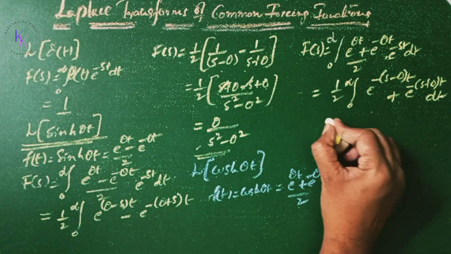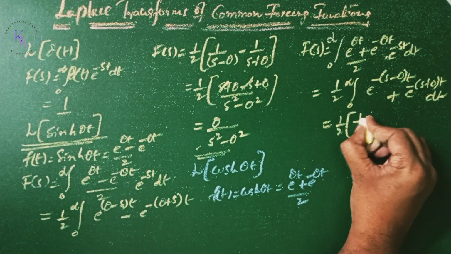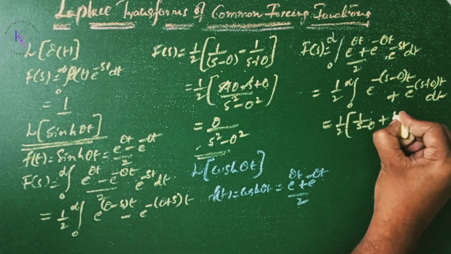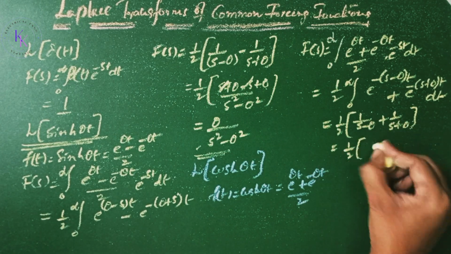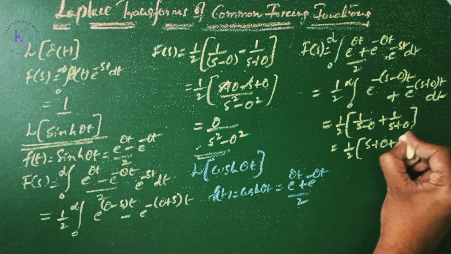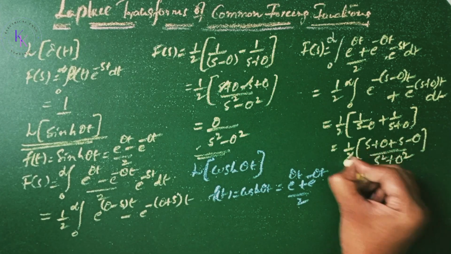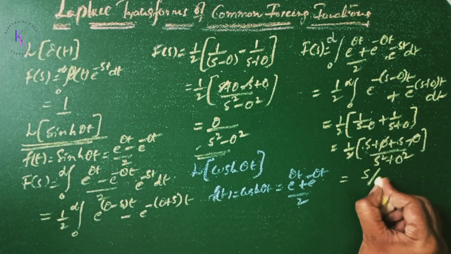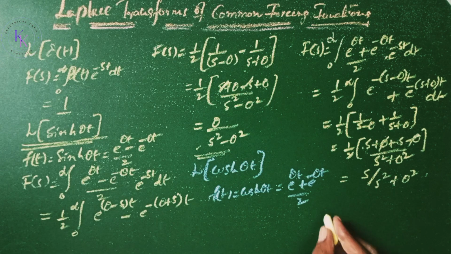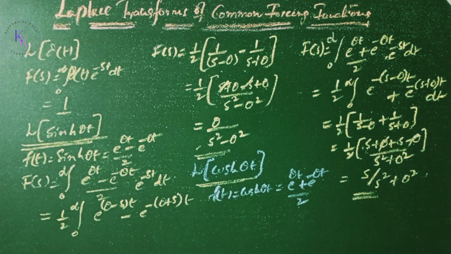Now when you solve this, we get 1 by 2 of 1 by s minus theta plus 1 by s plus theta. Now solve this: 1 by 2 of s plus theta plus s minus theta divided by s square minus theta square. 2 times 2, 2s. So this will be s divided by s square minus theta square. So this is for the cosh theta t.